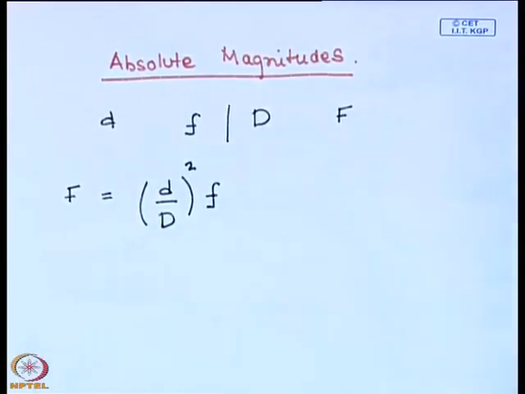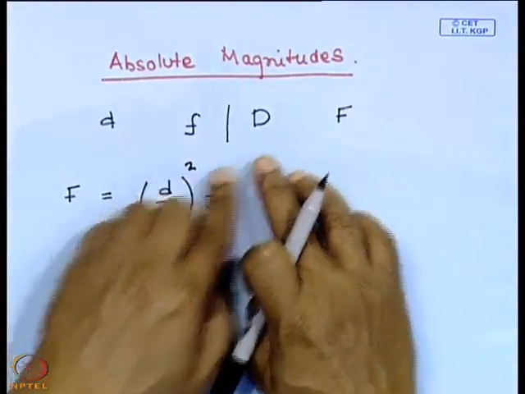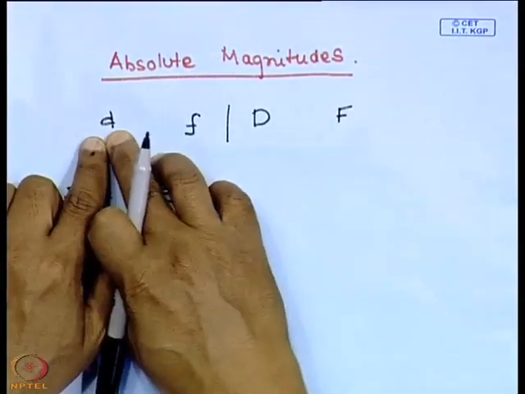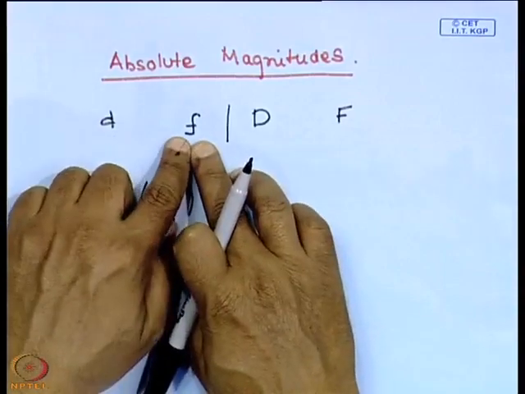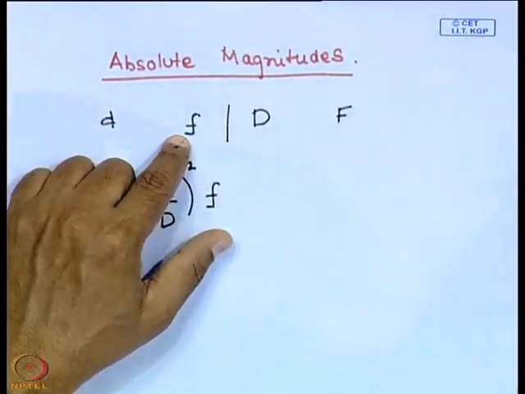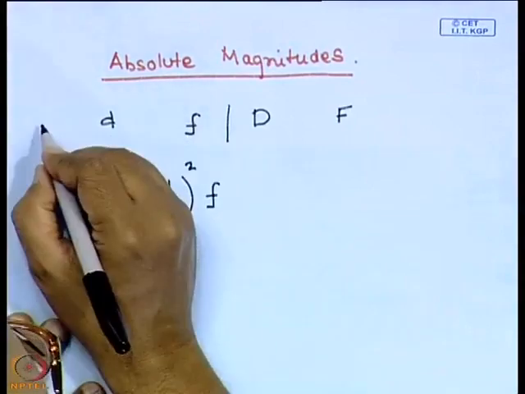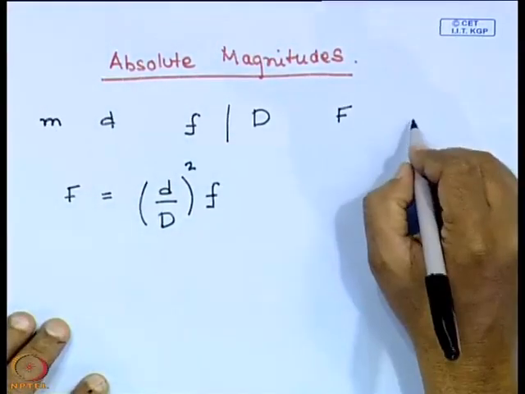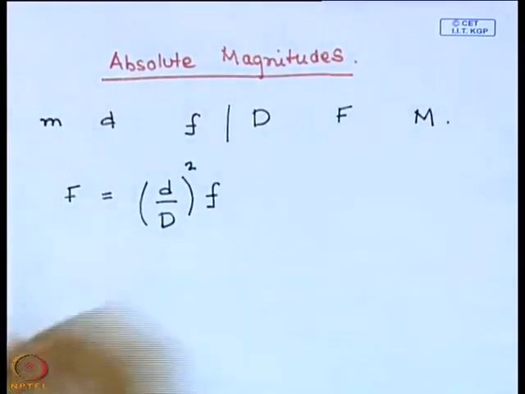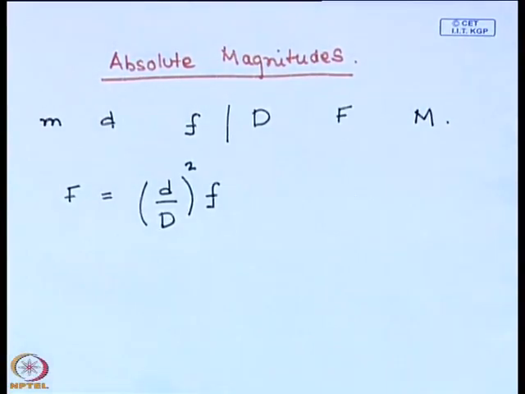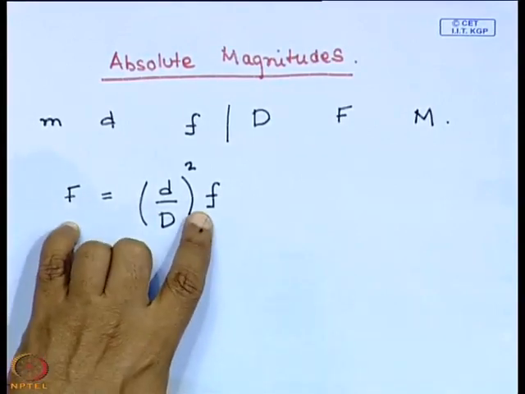Now, let us use this and ask the question, what if my source at a distance small d has an apparent magnitude small m. What is the magnitude corresponding to this? All that we have to do is take log of both sides and multiply with minus 2.5, and the constant will cancel out, since it will appear for both of them.